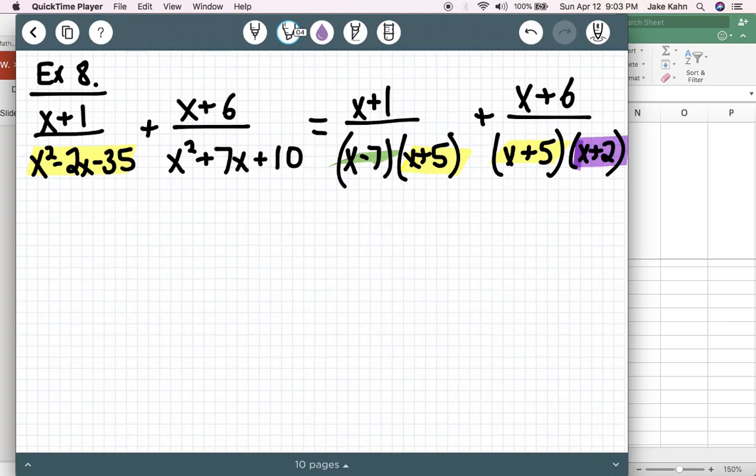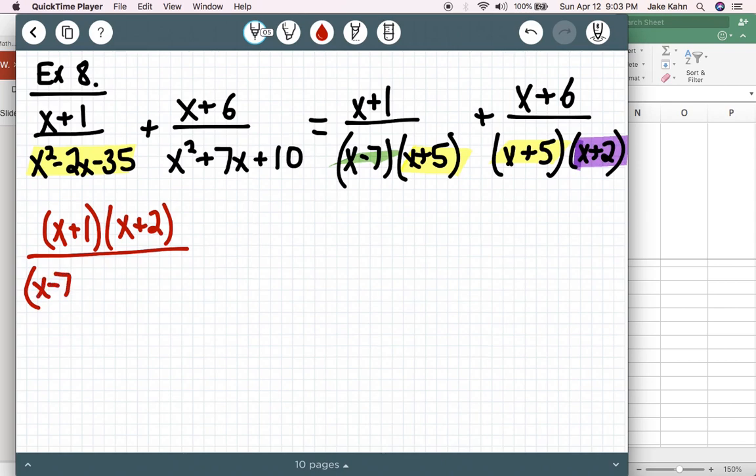The first fraction, I'm multiplying top and bottom by x plus 2. Plus, the second fraction, we are multiplying by x minus 7 on top and bottom.